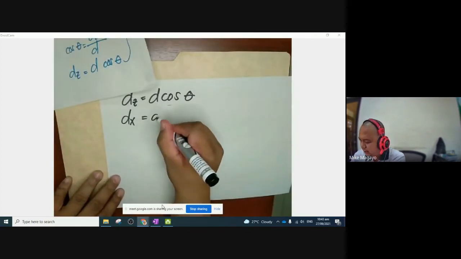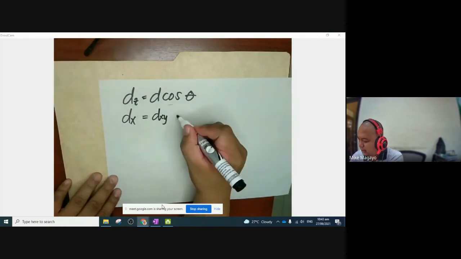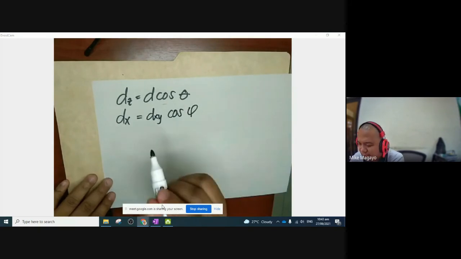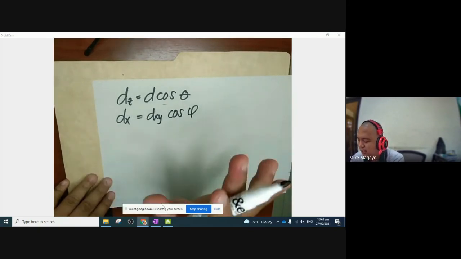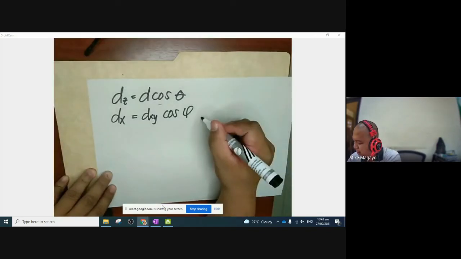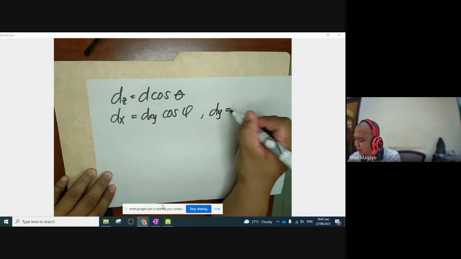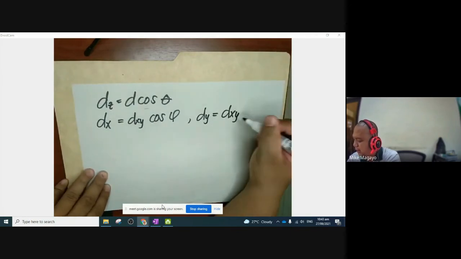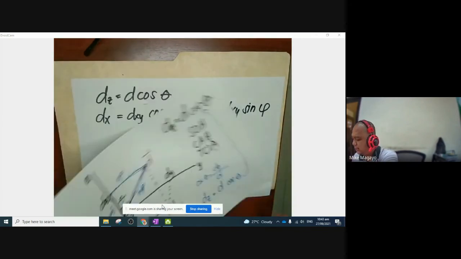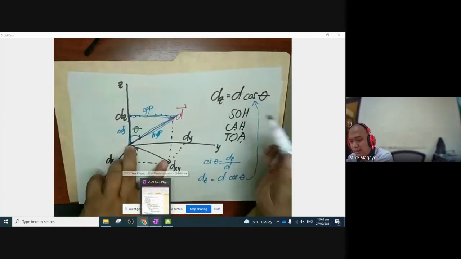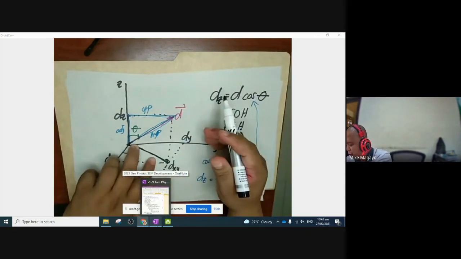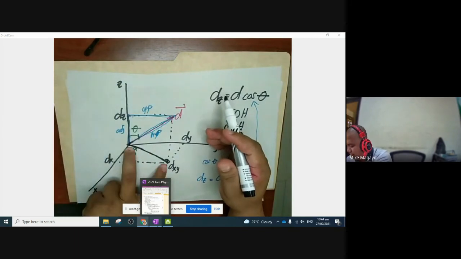Dx is dxy cosine phi. But what is dxy? We have no direct value for dxy yet. On the other hand, d sub y is just dxy sine phi. But what is dxy? As you can see, dxy is just a projection of d along this plane, xy.